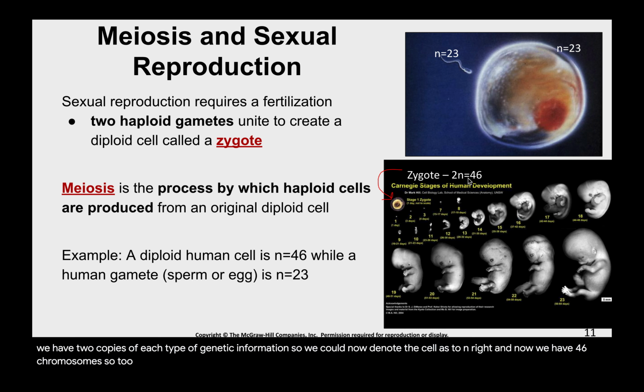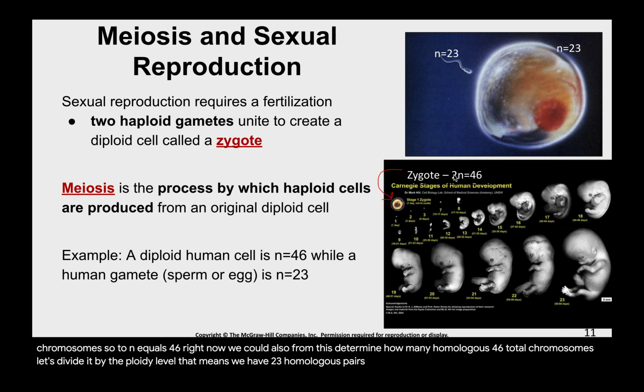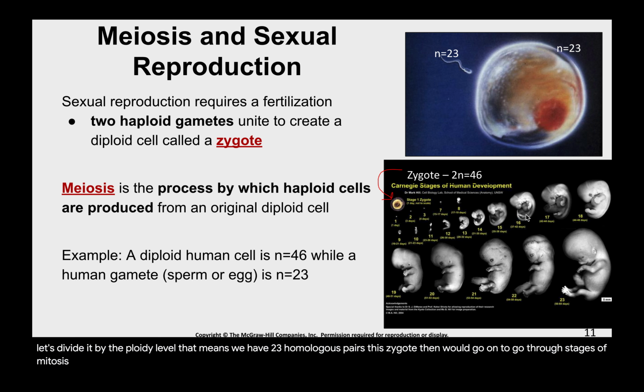So 2N equals 46. We could also, from this, determine how many homologous pairs there are. There's 46 total chromosomes. Let's divide it by the ploidy level. That means we have 23 homologous pairs. This zygote then would go on to go through stages of mitosis and develop a new individual.